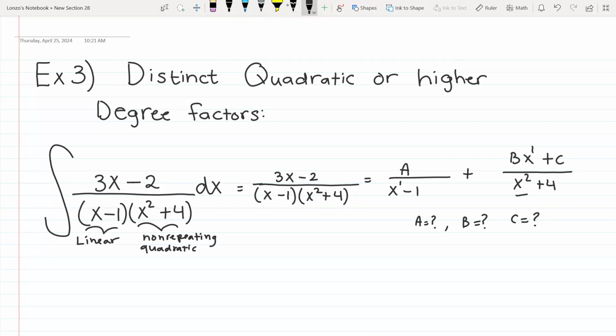Okay, so what we are going to do next is multiply all three sides by the LCD. And what do you think our LCD is going to be? It looks like our LCD will be (x minus 1)(x squared plus 4). So if I multiply all three sides by that, what do we get?